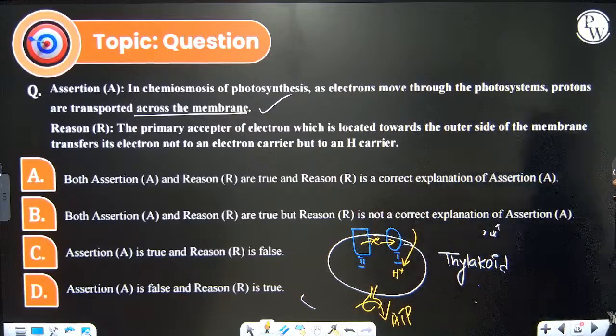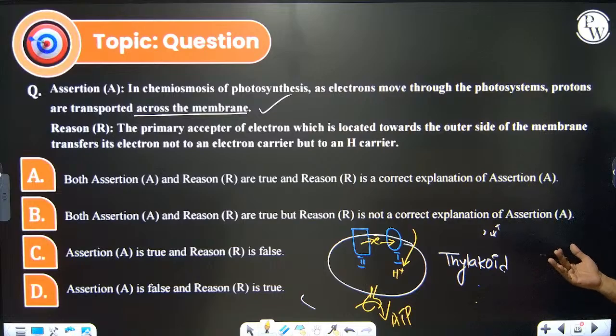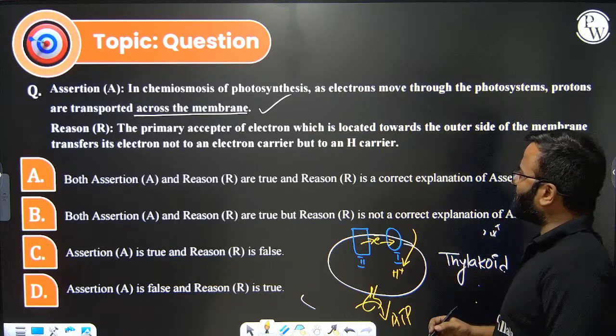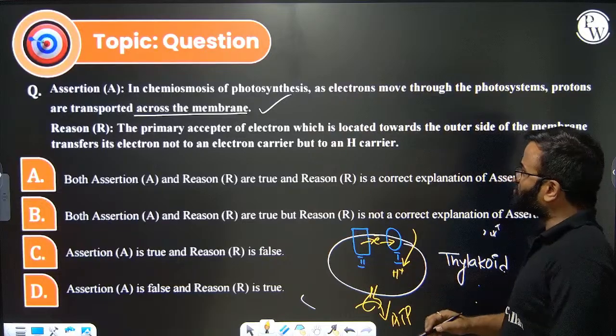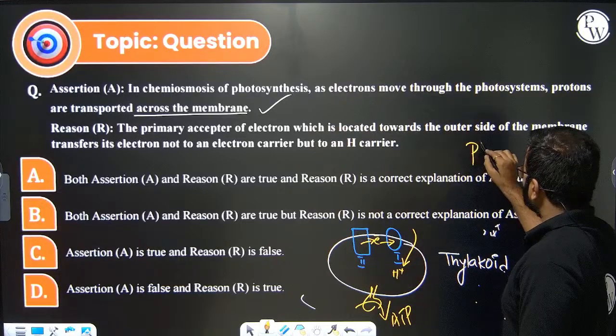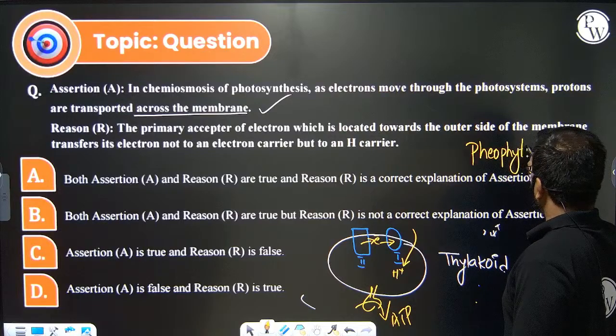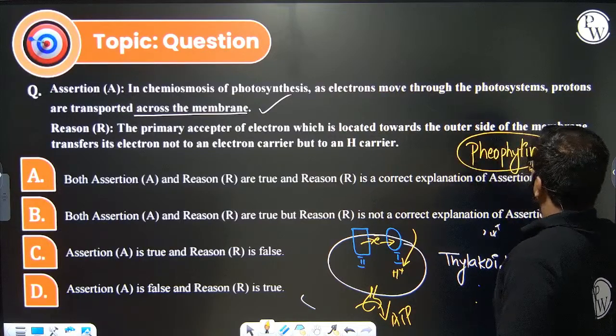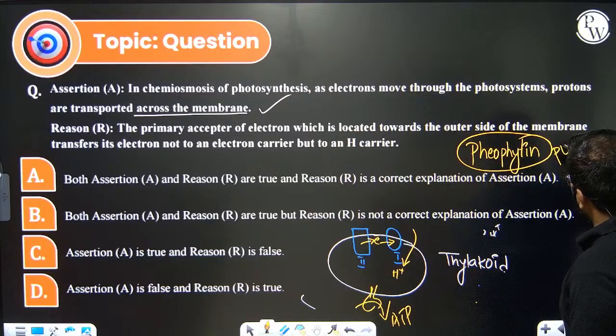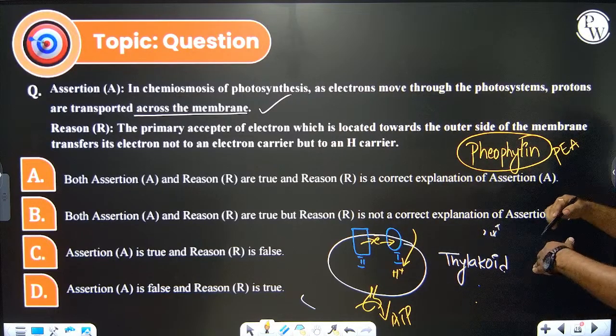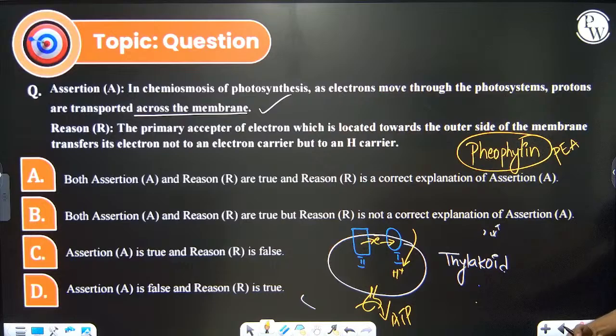Let's see the reason. The primary electron acceptor for photosystem 2, which is pheophytin, which is not talked about within NCERT, is present towards the outer side of the membrane.